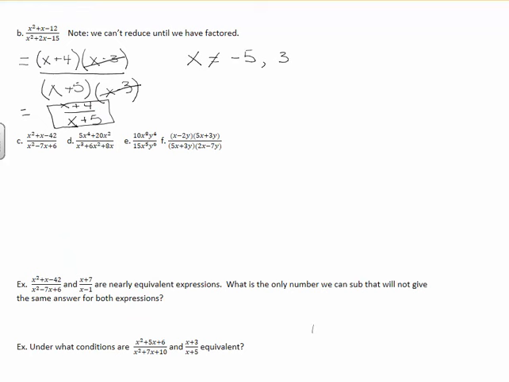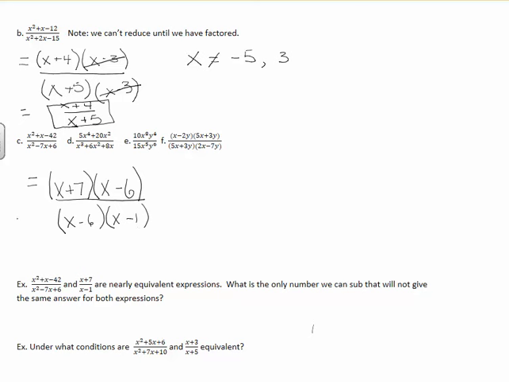All right, let's do a few examples here together. I'll do example C for you, and then I'll also leave you with a few examples to take home. I'm going to factor the top, so my factors are going to be +7 and -6. On the bottom, my factors are going to be -6 and -1. -6 times -1 gives me +6, and those two added together is -7.